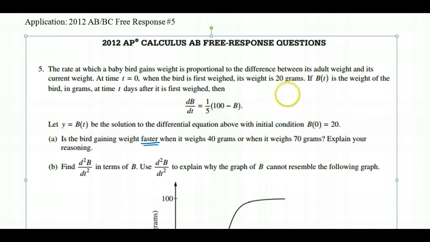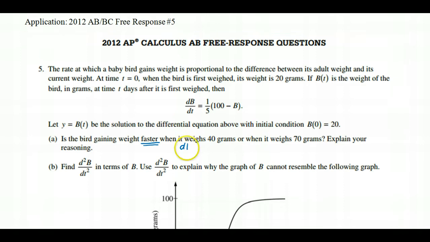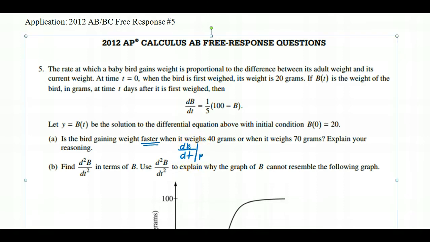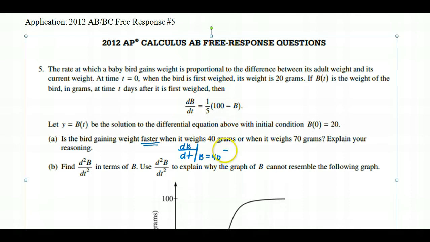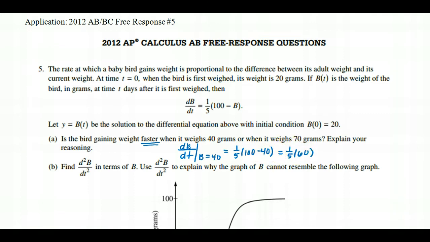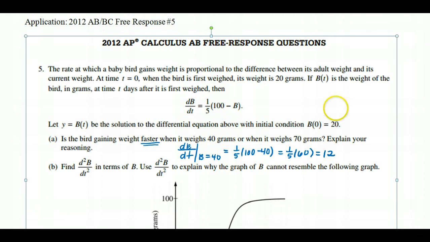So B of t is weight. So for part A, we're solving dB/dt when B equals 40. So if I go ahead and substitute 40 in, I get 1/5 times (100 minus 40), or 1/5 times 60, which is 12.